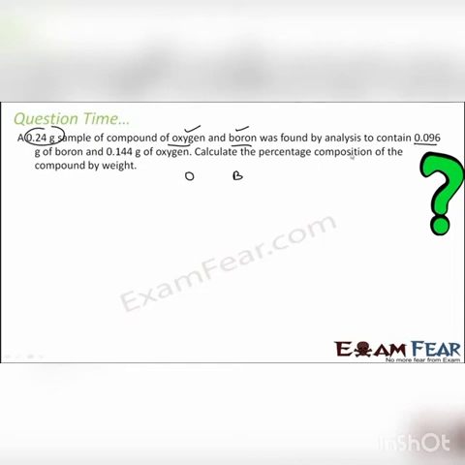It contains 0.096 gram of boron and 0.144 gram of oxygen. Let's add these two values. When you add this, you get 0.24, and that is the total sample.